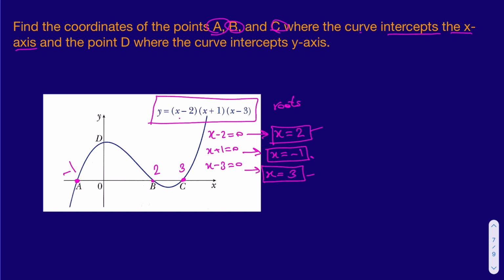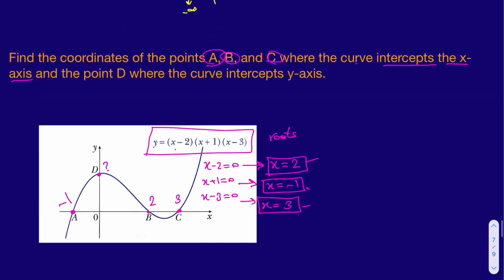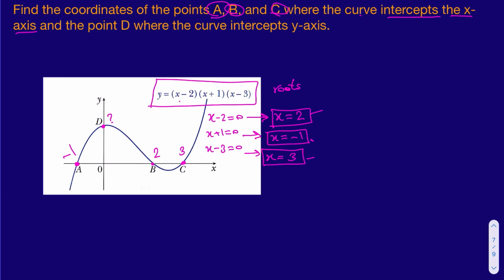That's it. But we also need to know the value of d. What is the value of d? In order to find that value, as I explained earlier, we need to write it in this way: y0 is equal to what? So we substitute x with 0. Therefore, it will be 0 minus 2 times 0 plus 1 times 0 minus 3.